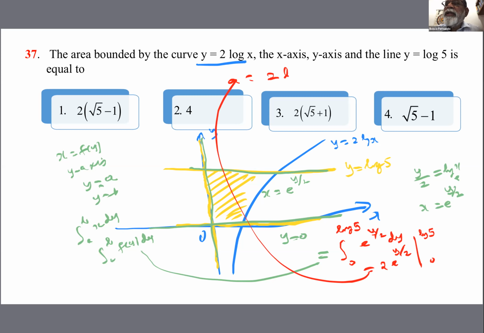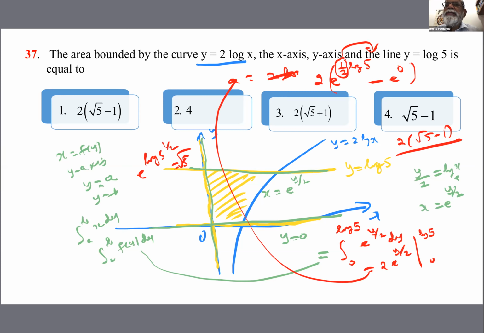It is 2 into e to the power half of log 5 minus, at the lower limit, e power 0. e power 0 is 1. Half, bring it inside, 5 to the power half. e to the power log 5 to the power half is 5 to the power half, that is root 5. So it is 2 into root 5 minus 1. Search, it is there in option number 1.